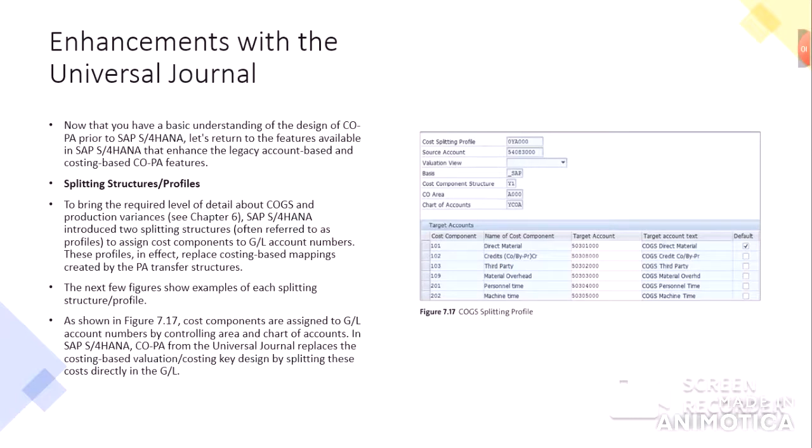The next few figures show examples of each splitting structure or profile. As shown in this figure, cost components are assigned to GL account numbers by controlling area and chart of accounts. In SAP S4HANA, COPA from the Universal Journal replaces the costing based valuation or costing key design by splitting these costs directly in the GL.